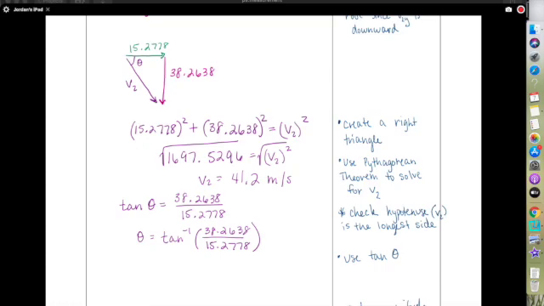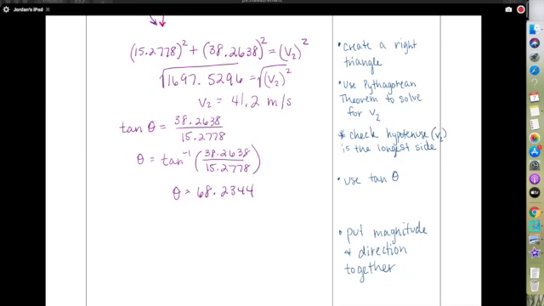Once we calculate that, we should get that our angle is 68.2344, rounded to 4 decimal places. For our answer, we just have to put the magnitude and direction together. So we'll have 41.2 meters per second, and it's 68 degrees below the horizon. You could have put the whole decimal there, I just rounded it to the nearest degree.